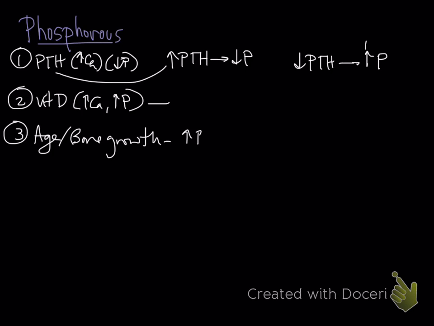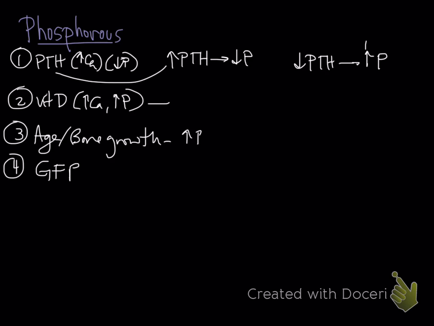So that's hyperphosphatemia related to the age of an animal. And again, this has to do with bone growth. I'll mention something about that in a second, in terms of lactation and how sometimes that can alter your phosphorus. Another thing to consider is, of course, glomerular filtration.